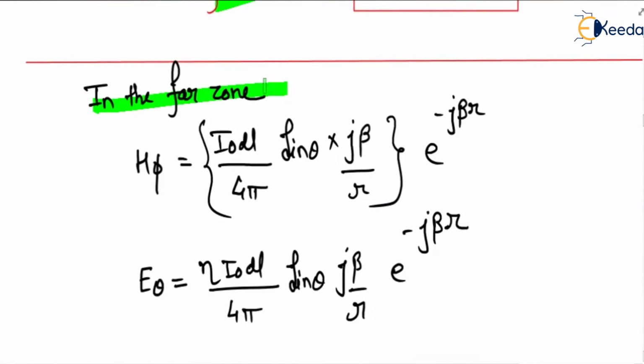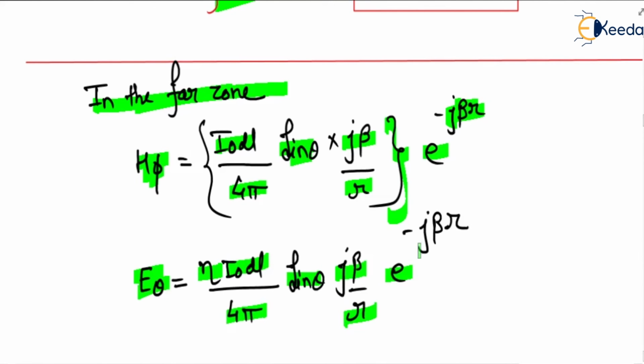So in the far zone, H phi is I naught dl by 4 pi sin theta into j beta by r e to the power minus j beta r. What we did, we simply neglected the 1 by r square and 1 by r cube terms. And E theta is eta I naught dl by 4 pi sin theta j beta by r e to the power minus j beta r.